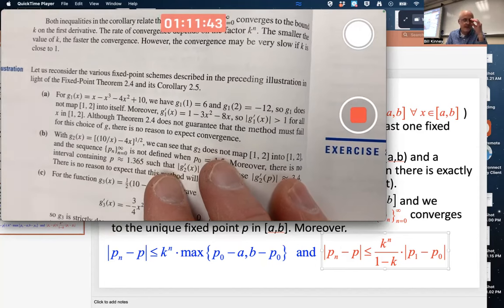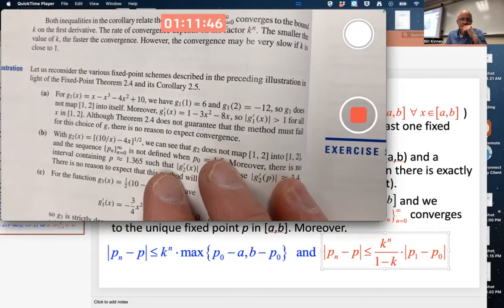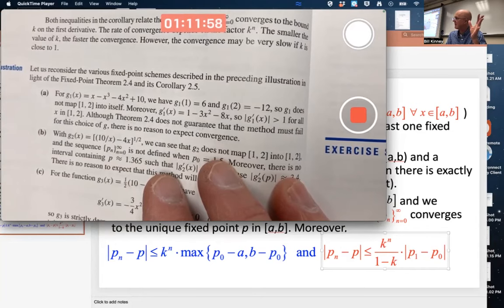You're trying to apply the theorems to different functions in this illustration that are supposed to have the same fixed point, I believe, because they're different G's for the same F, right? We talked about this on Tuesday, and you had homework problems about this.